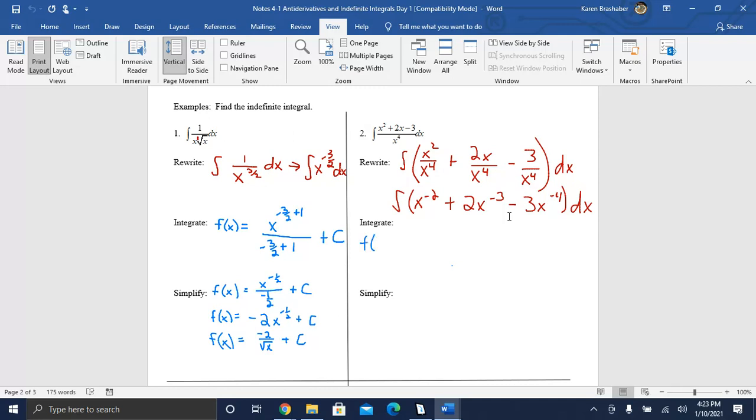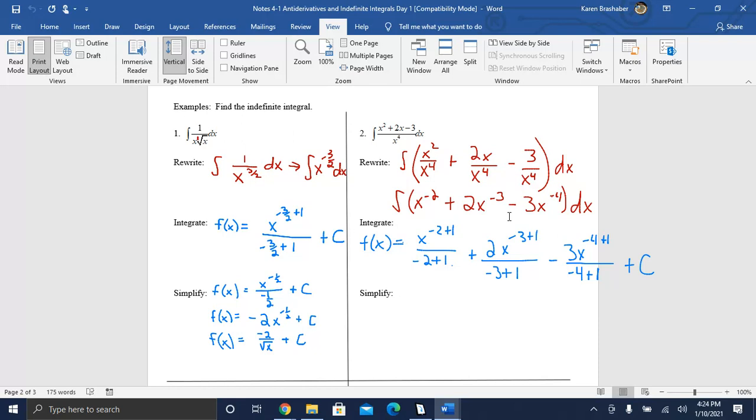So f of x would equal x to the negative 2 plus 1 over negative 2 plus 1, plus 2 times x to the negative 3 plus 1 all over negative 3 plus 1, and then minus 3x to the negative 4 plus 1 all over negative 4 plus 1. And then remember to put a plus c. That's often something that takes some getting used to.